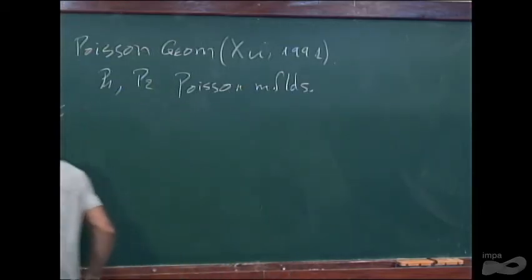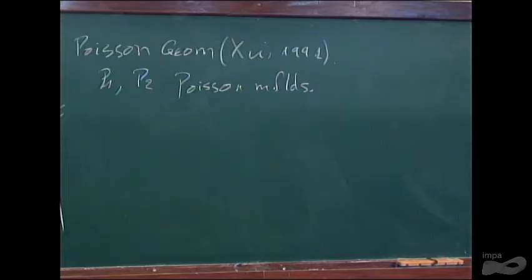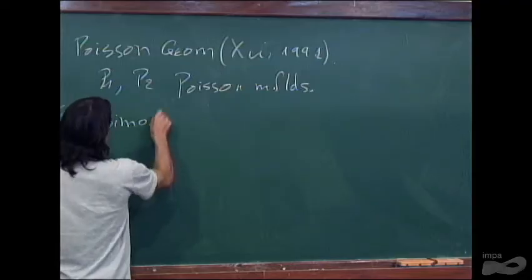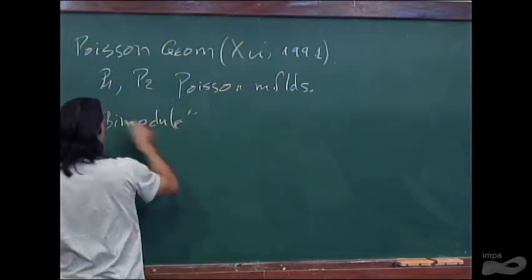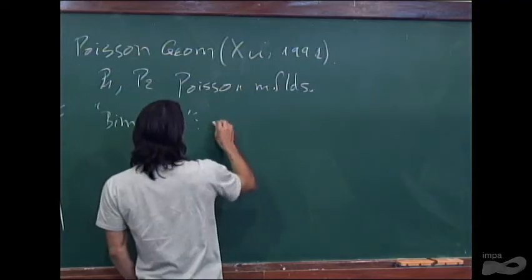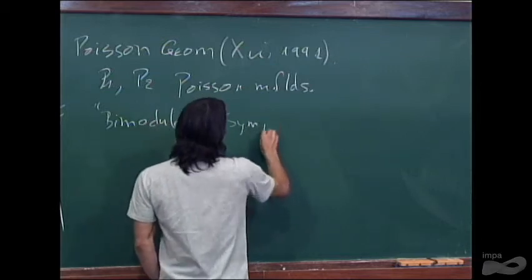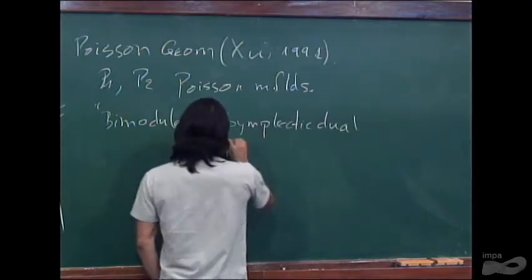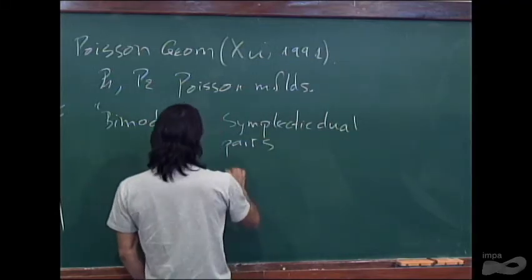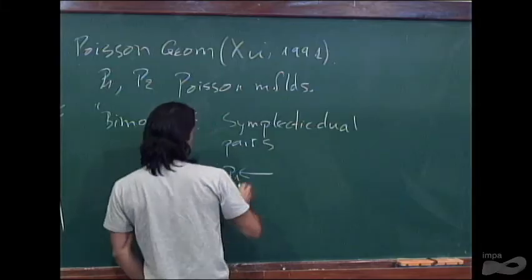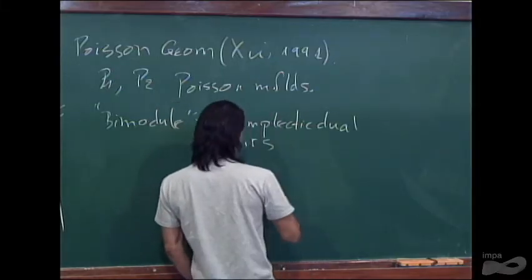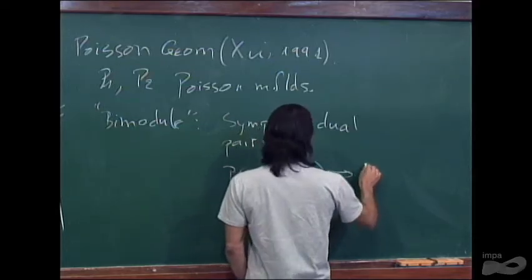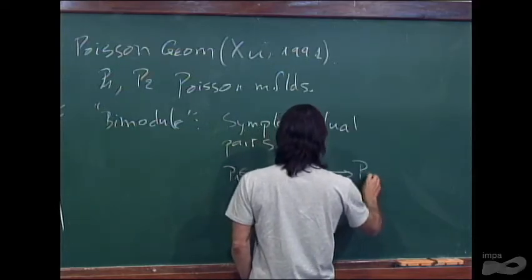and in this situation, the role of bimodule is played by the so-called symplectic dual pairs. And I will rely on the previous speakers who already introduced this subject here, so I'm just going to repeat it verbally.